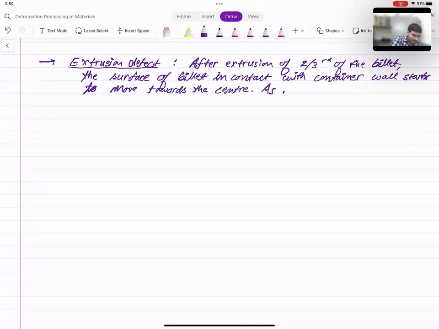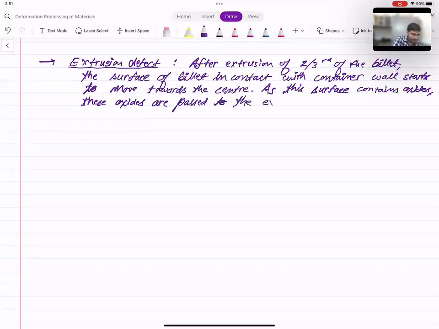As this surface contains oxides, these oxides get passed to the extrusion as oxide stringers.